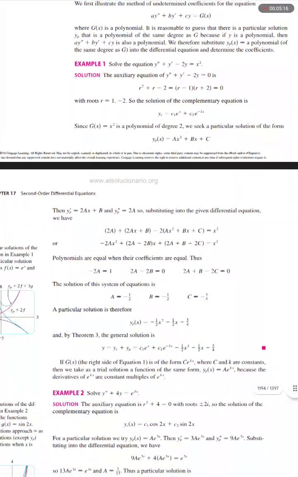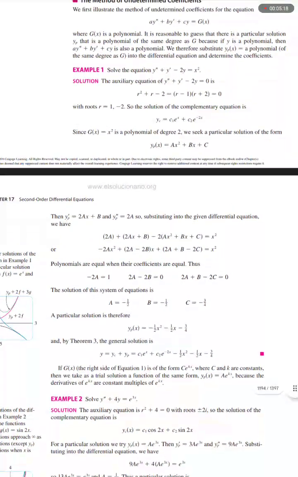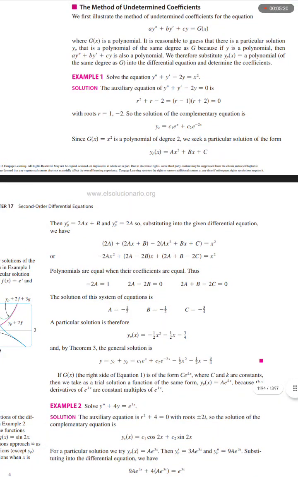It is reasonable to guess that there is a particular solution y sub p that is a polynomial of the same degree as G, because if y is a polynomial, then a y double prime plus b y prime plus c y is also a polynomial.